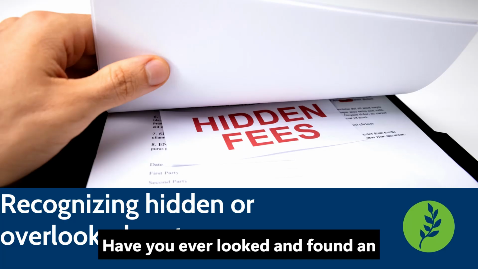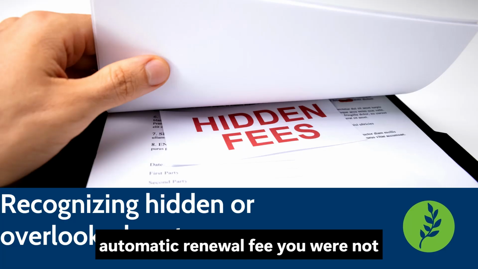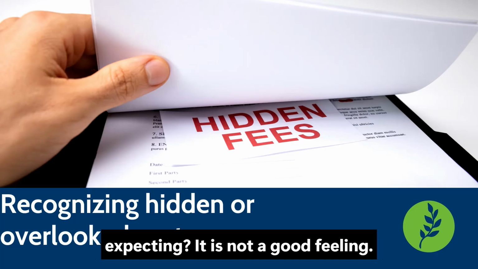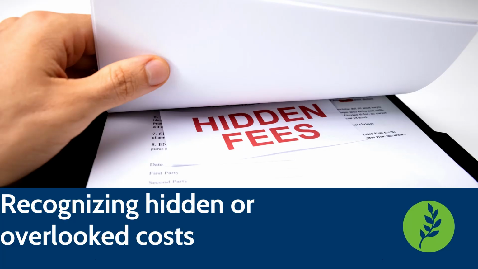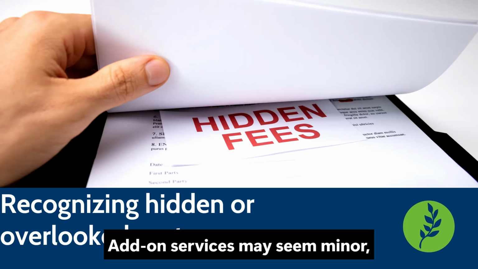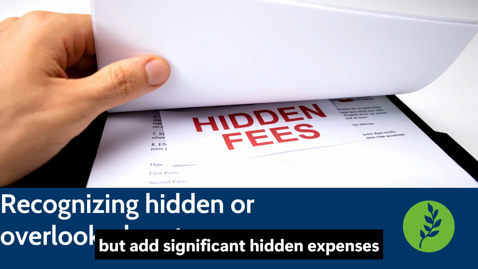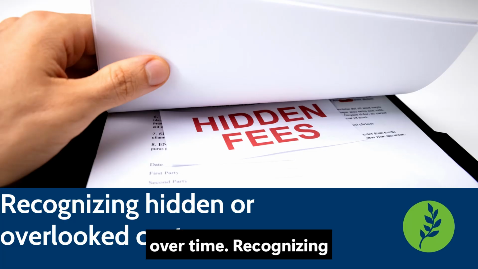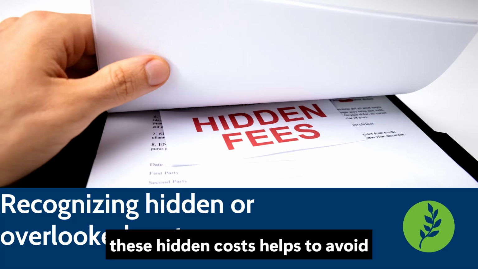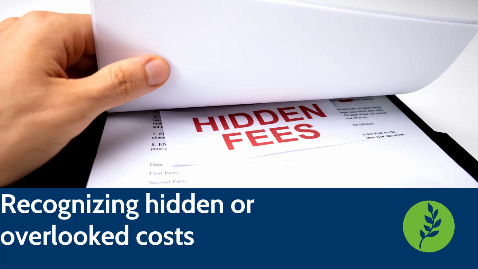Have you ever looked and found an automatic renewal fee you were not expecting? It is not a good feeling. Add-on services may seem minor, but add significant hidden expenses over time. Recognizing these hidden costs helps to avoid unexpected charges and manage expenses better.